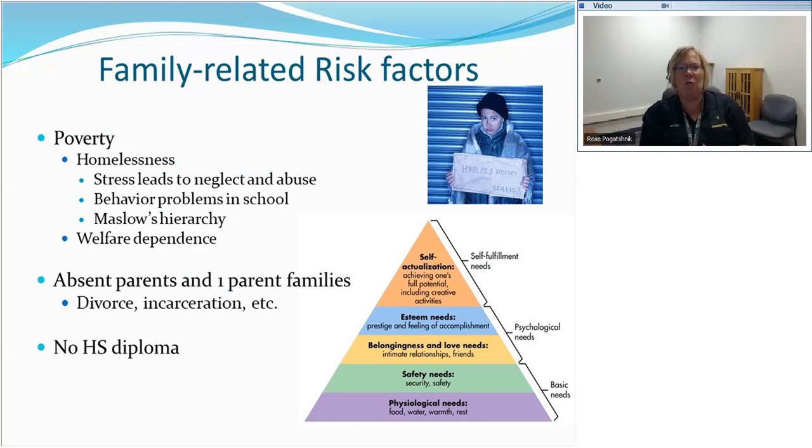Some other risk factors through the family. One of the key risk factors is poverty, and your textbook and some of the readings specifically look at homelessness among our poverty population. As a parent experiencing homelessness with their children, the stress that homelessness creates is huge.